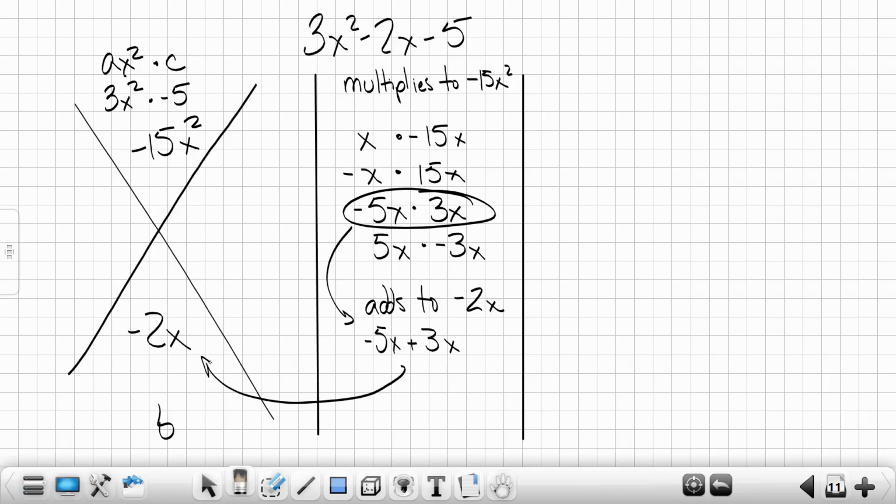So we take our multiples and we see which ones add to that middle. If you've got all the options up here and none of them add to that middle term, then it can't be factored. Non-factorable is an option. So now we found the two that work, negative 5x and positive 3x, and those go on the sides.